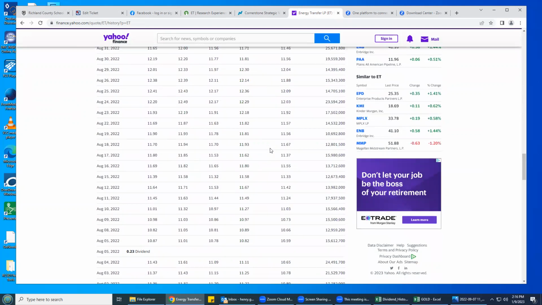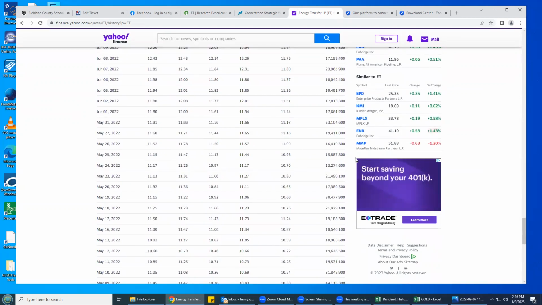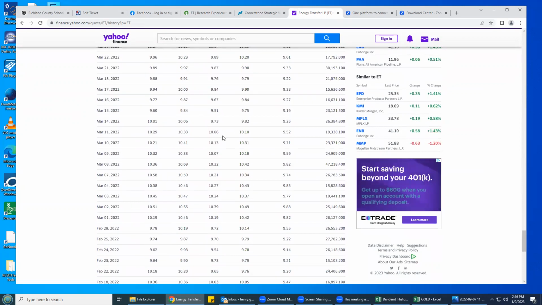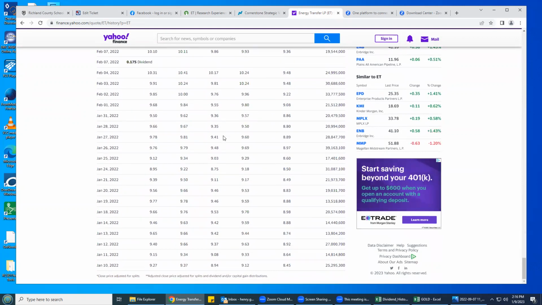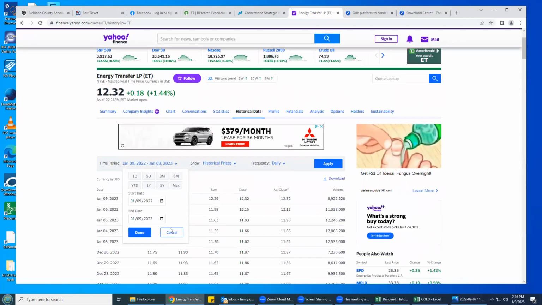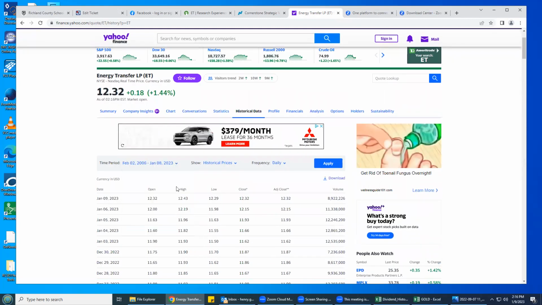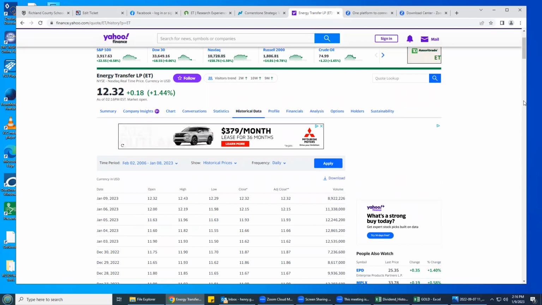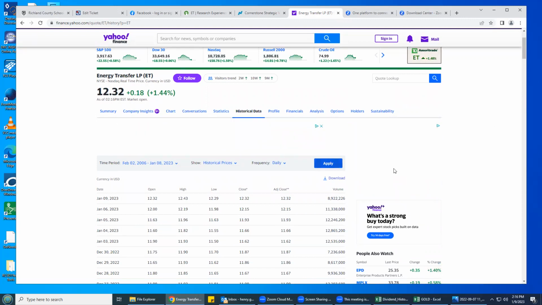Because if you went down here to 2014, then you know the adjusted versus the closing could be a big difference.